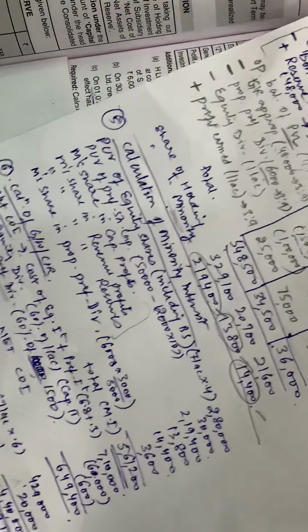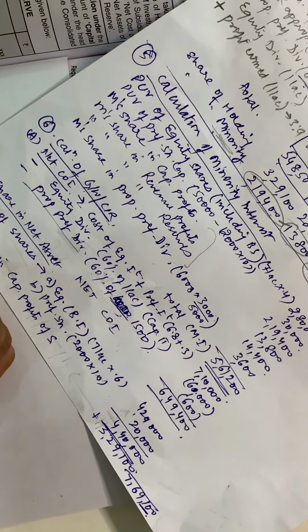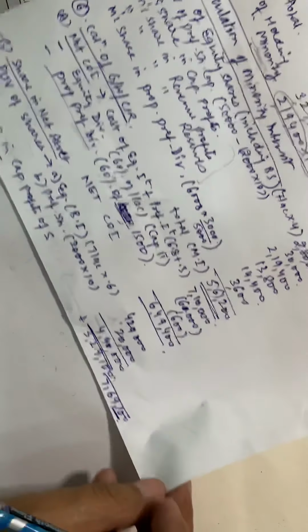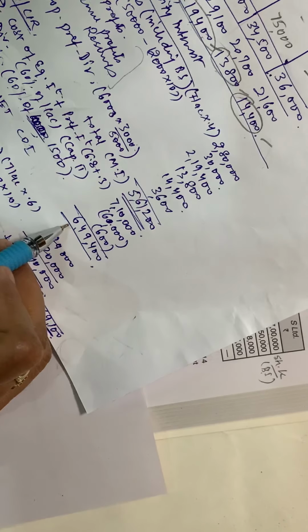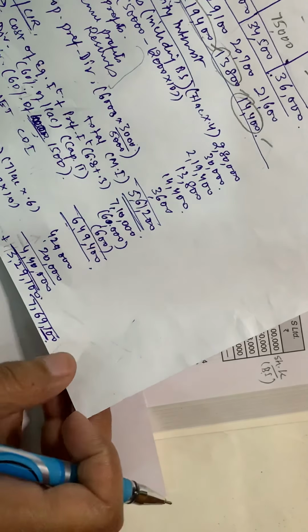So my goodwill is, okay, now costing is 6 lakh something and what you have received is 7 lakh something.